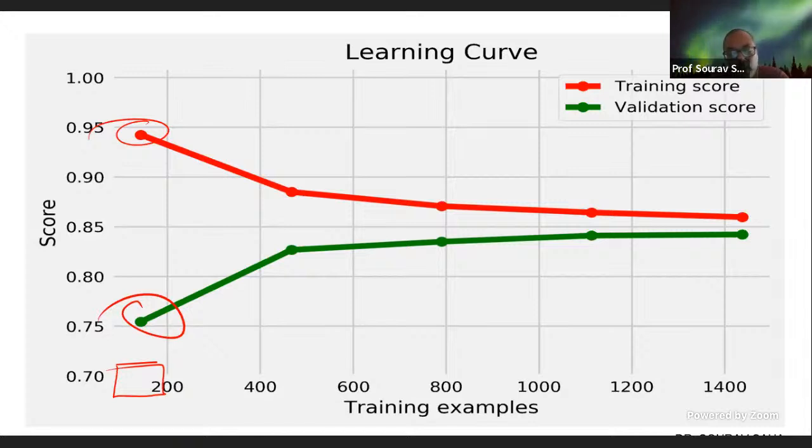But then what you did was you increased the number of examples for training. You gave more and more instances of the data so that the model can get trained.